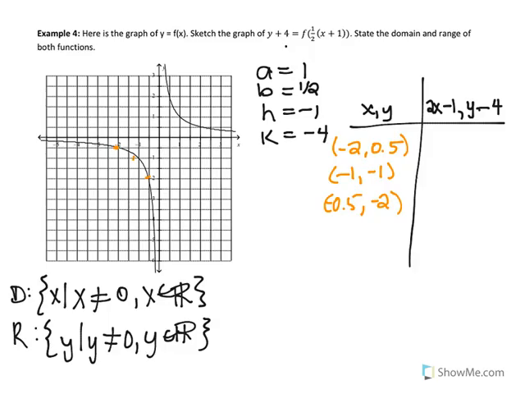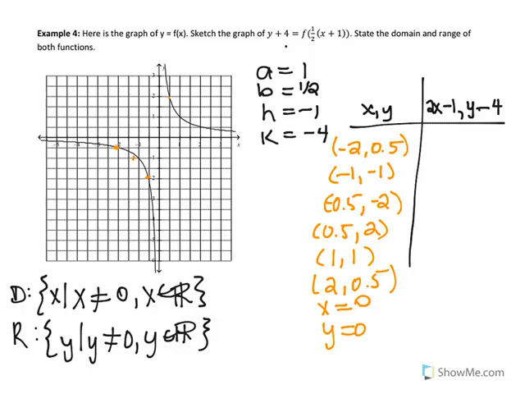And then we have the same thing on the positive side. So 0.5 and 2, 1 and 1, and 2 and 0.5. We also have our asymptote at x equals 0 and y equals 0.